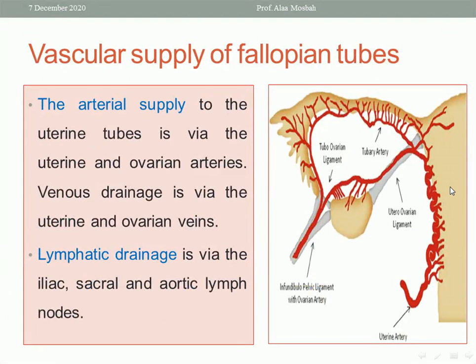The arterial supply of the fallopian tube is via uterine and ovarian arteries, and venous drainage is also via uterine and ovarian veins, as you see in the pictures. Lymphatic drainage is via iliac, sacral, and aortic lymph nodes.